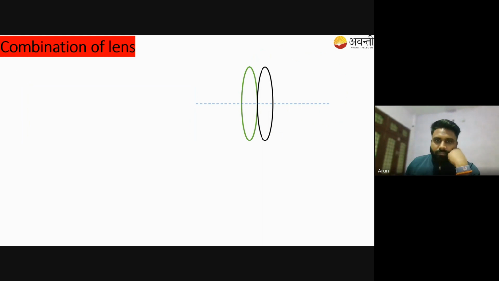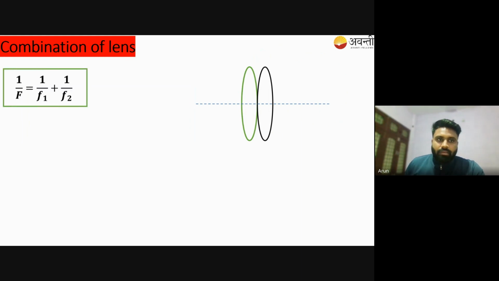Now, if I tell you this is the final focus, 1 upon F, where F here is the focal length of the combination, and 1 upon f1 is the focal length of this lens, and 1 upon f2 is the focal length of this lens.